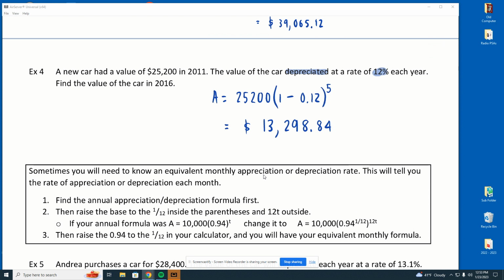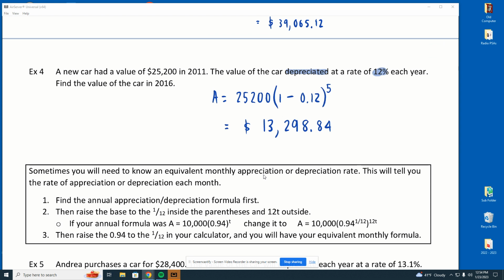They will take whatever that base is that we had raised to the t power. So you had p times 1 plus r or 1 minus r, which gives us some value, and then we raise it to the t power. In order to create a monthly appreciation or depreciation rate, they take this value and raise it to the 1/12.